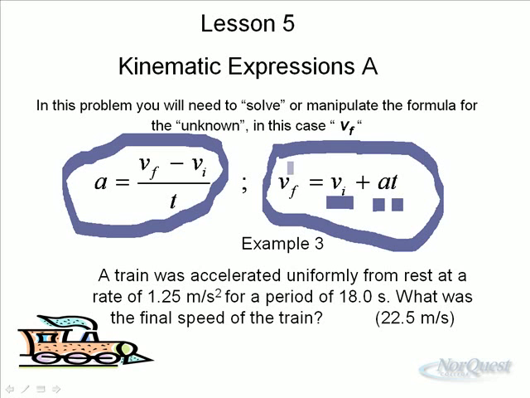Then, in order to solve for VF, you'd need to move that negative VI from the right-hand side to the left-hand side. It would become a positive VI. And so you end up with AT plus VI equals VF, or that's exactly what this says in a slightly different way, but basically the same thing.